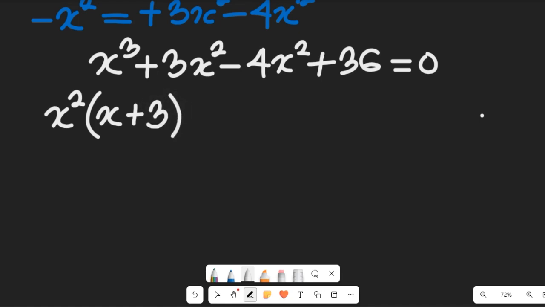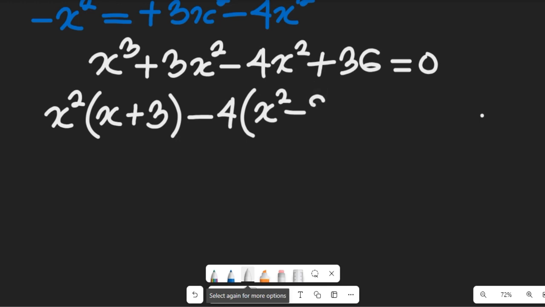And something is common here, and that is going to give me what? 4, right? And so if I simplify this, this is going to give me x squared plus, that is going to give me a negative sign, right? Because negative is going to give me plus, and 36 divided by 4 is going to give me 9. So I'll have this to be equal to 0.